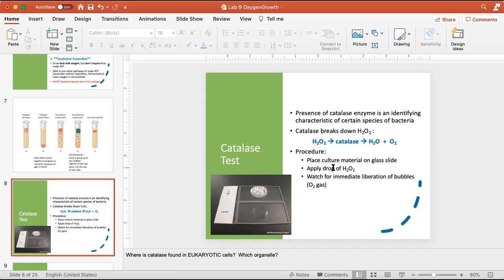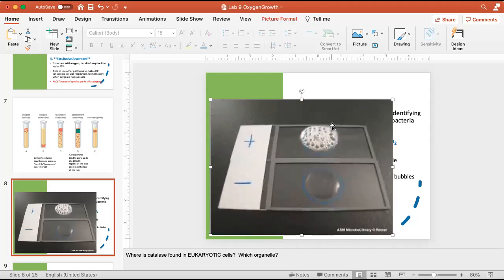Then we're going to add a drop of hydrogen peroxide on top of those cells, and we're going to watch. It happens really fast. If the cells make catalase, they're going to start bubbling. Those bubbles are just oxygen gas.